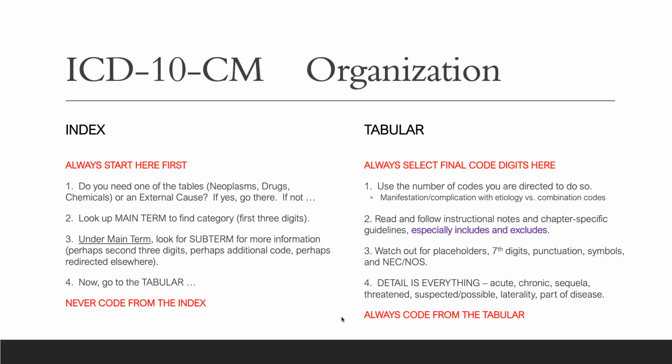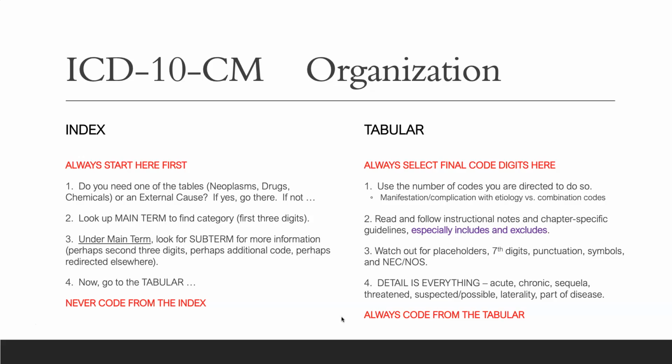You might get the next digits, or an additional code, or get redirected elsewhere. And then you'll go to the tabular. Please don't code from the index. There's often other information you'll need in the tabular to get to the right code, and if you code from the index, more often than not, you're going to make a mistake and not have the right code.